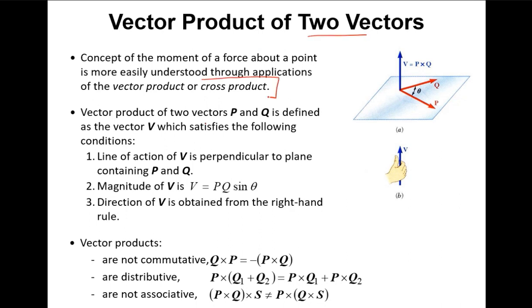This is particularly important for your moment about a point. While discussing moments, we are going to discuss moment of a force about a point. We are going to discuss Varignon's theorem.